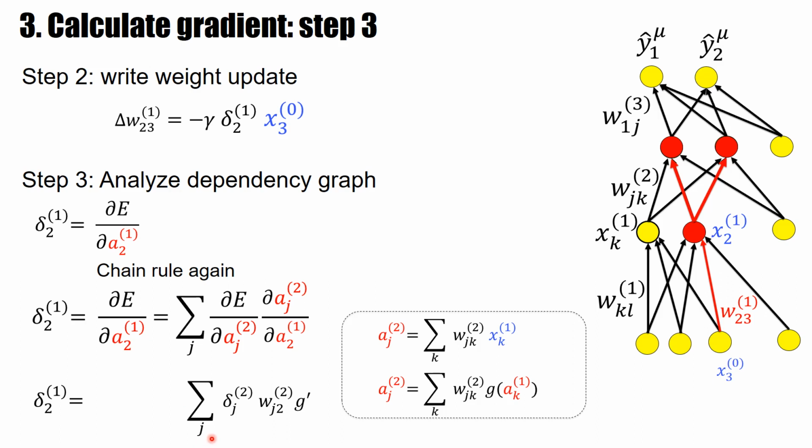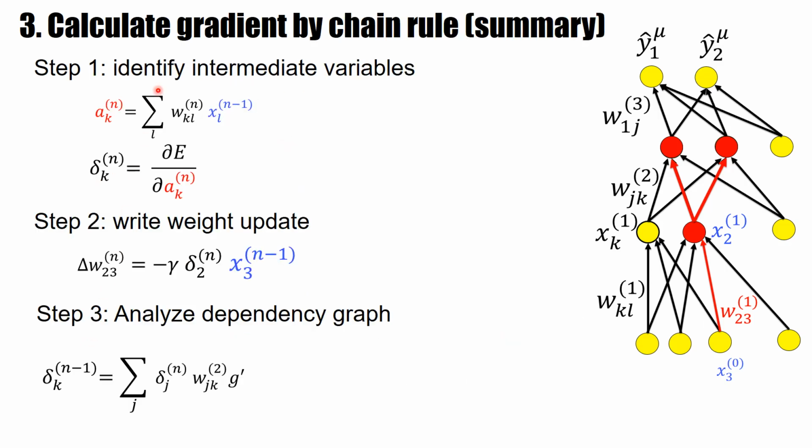So now this means the delta in layer 1 depends on the delta in layer 2. The delta in layer 2 will depend on the delta in layer 3, on the delta in the output layer. And so if we evaluate gradients, we first have to calculate the delta in the output, then we get the delta in layer 2, then we get the delta in layer 1, and then we can finally update this weight. But with the same kind of formula, once we have the deltas and the x, we can also update all other weights.